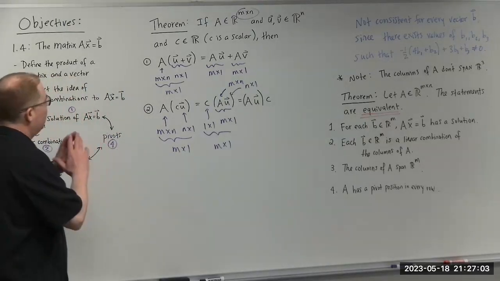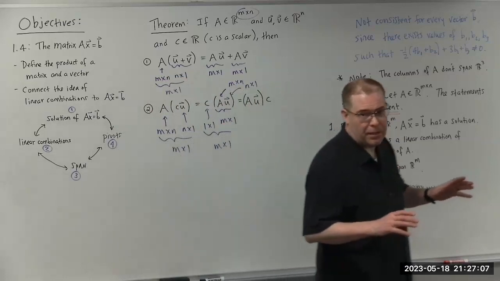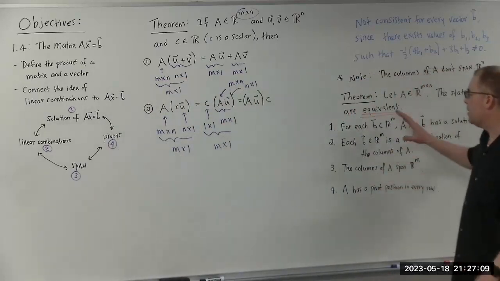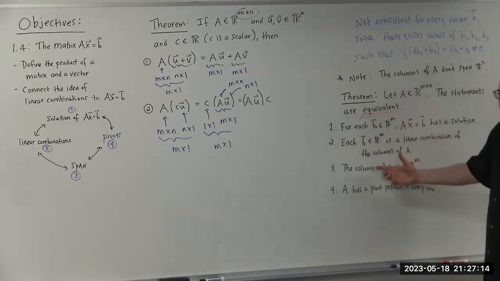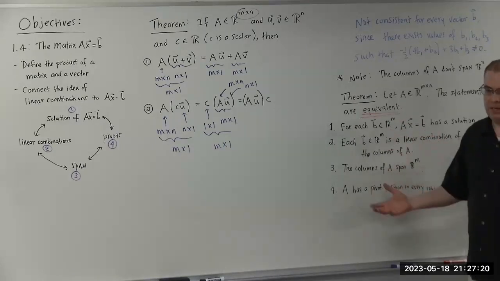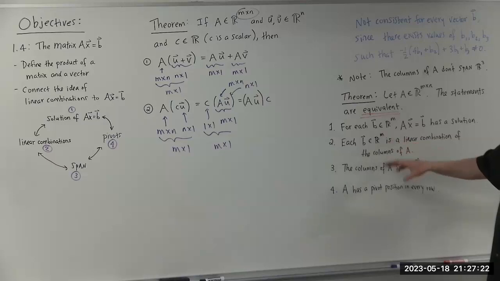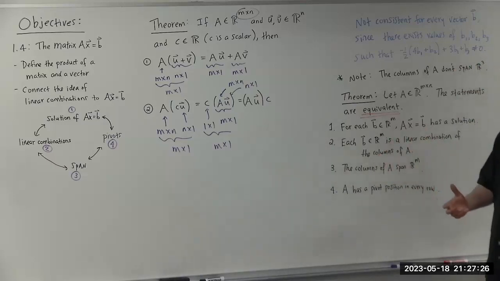So that is, I believe, I covered all the important points of section 4. Out of everything that I've talked about, I think this theorem is the most important. Be sure you understand this theorem and know how to work with it, because we're going to look at some other ideas that are related to this. For example, linear independence.